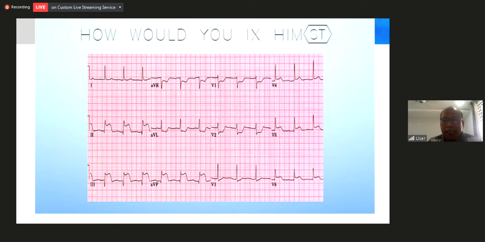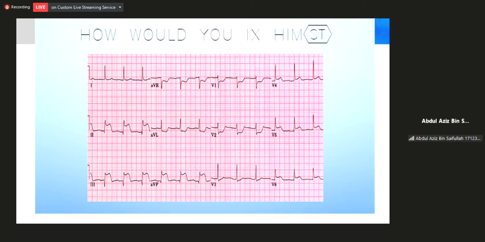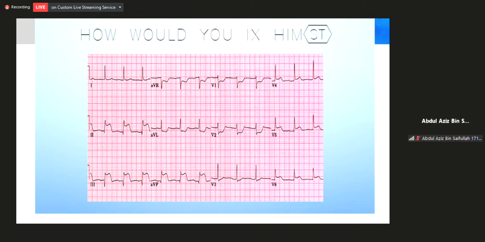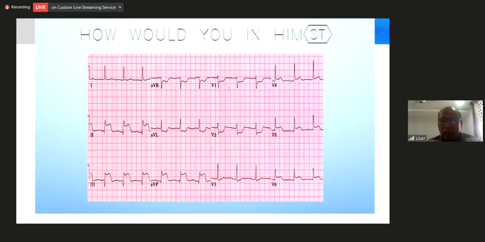Can you predict here? 2 hours, 4 hours? Do you see the reciprocal changes or not? V1 to V3, ST depression? Can you see? Yes. And then you can see the ST elevation in V4, V5.